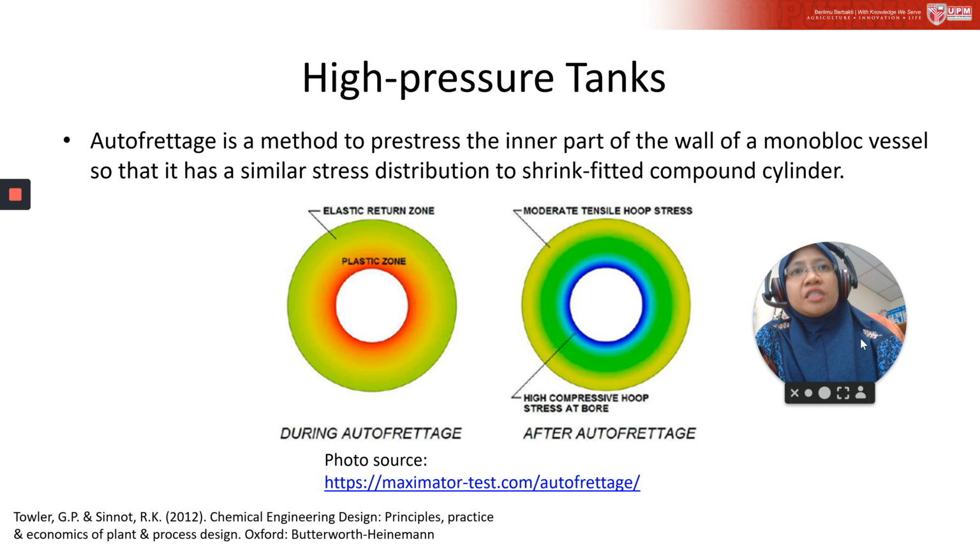Autofrettage is a method to pre-stress the inner part of the wall of a monoblock vessel or tube, to give a similar stress distribution to that obtained in shrink-fitted compound cylinders. The only difference is that shrink-fitted compound cylinders have two layers, but this one is actually one layer.